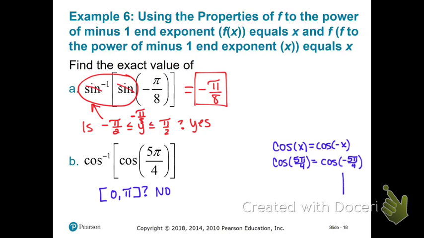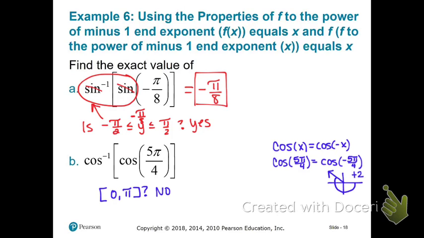But wait, negative 5 pi over 4 means I'm going to go clockwise 5 pi over 4. And is that between 0 and pi? No. So I need to find its coterminal angle so that when I put it into that inequality, it actually fits. So how do we find a coterminal angle?